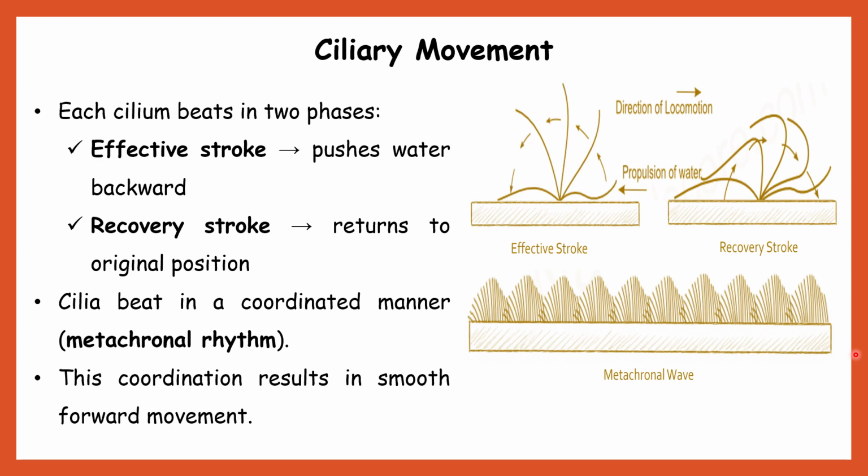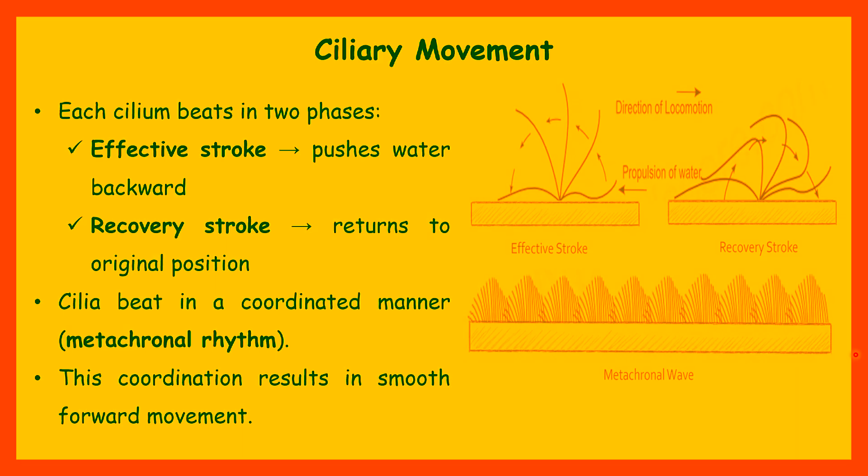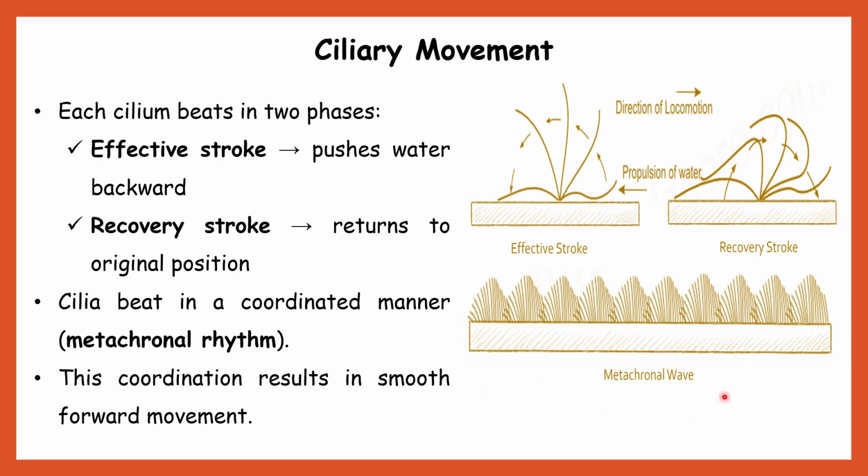One more type of ciliary movement is known as metachronal, a wave-like formation, where one after one the cilia beat. See how the wave is passed. Like if you look at a lush green rice field, the wave starts from one side of the field and ends at the other side. We can observe a beautiful wave-like formation.